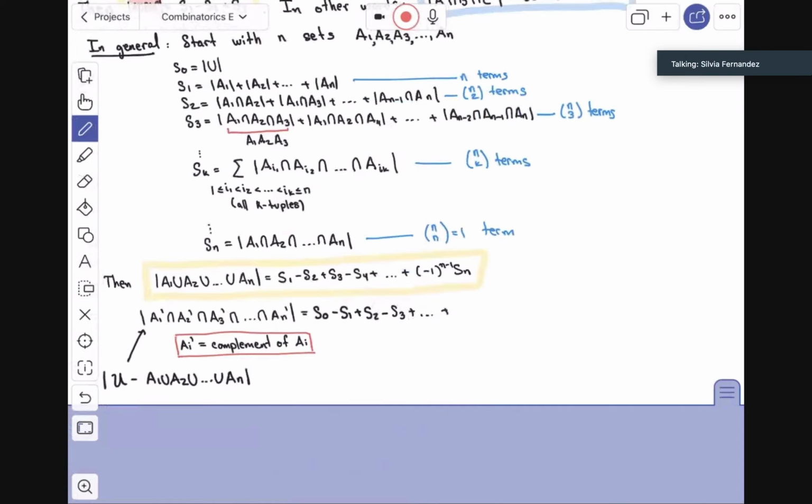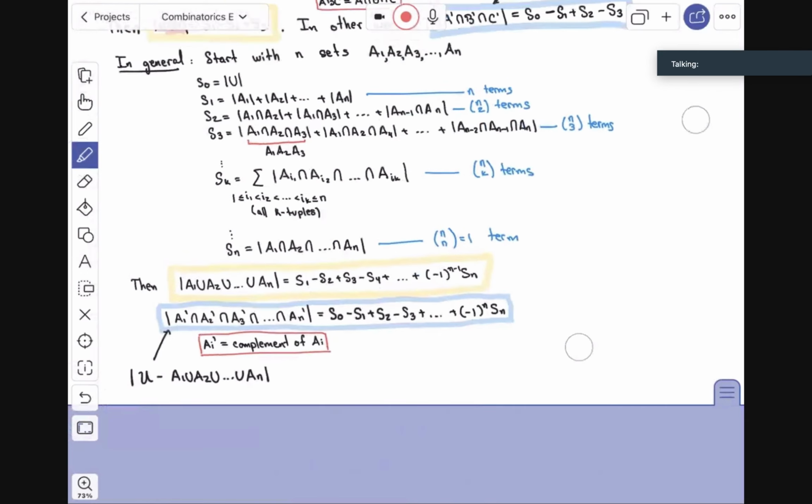And because we're multiplying the previous expression times -1, then the last term is actually -1 Sn. So this is the more typical way. They're equivalent, but this is a more typical way that the inclusion-exclusion principle is stated.